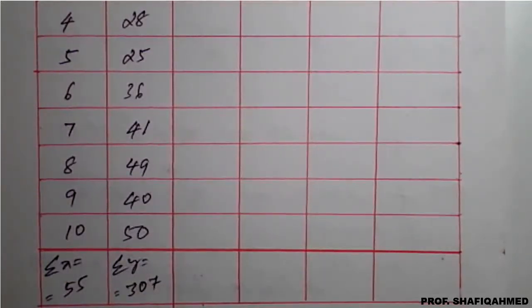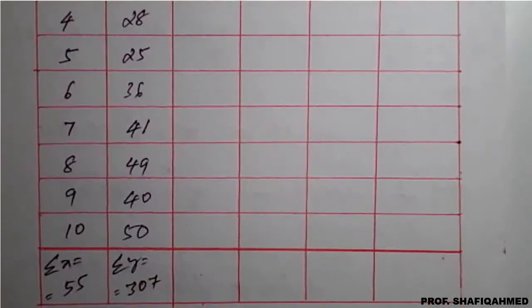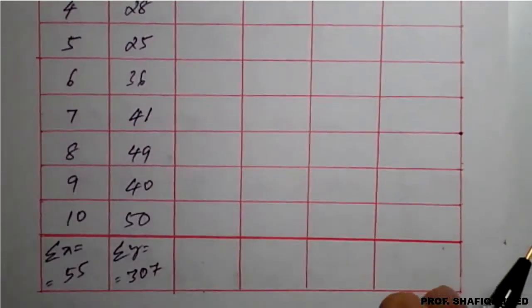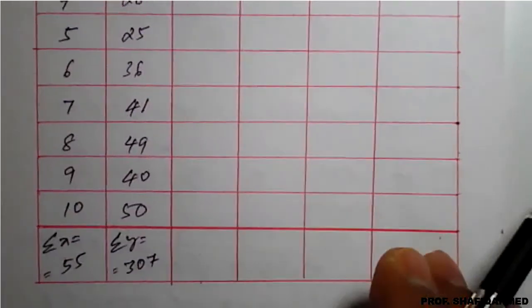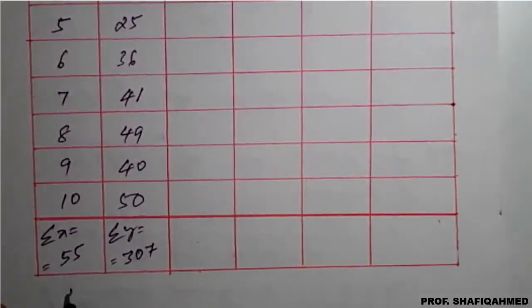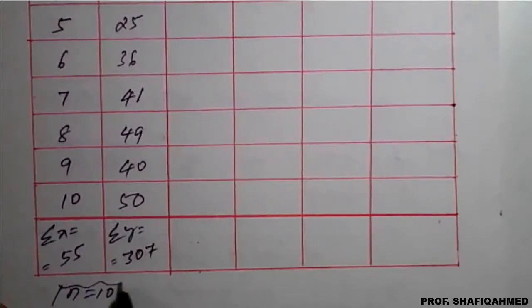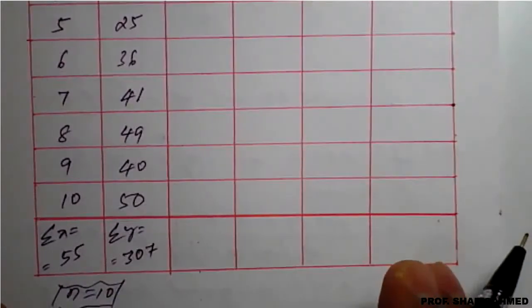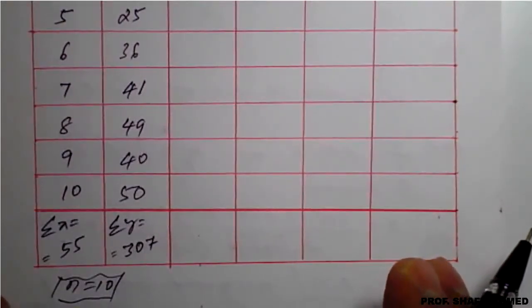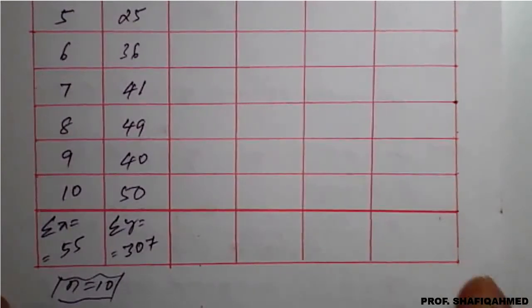So we got this. Now we'll go for x bar and y bar. If you count all the data given in the question, n is 10 here. So we'll go for summation of x divided by n, that is x bar.